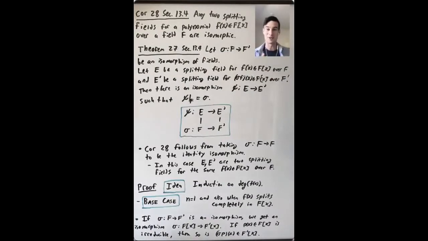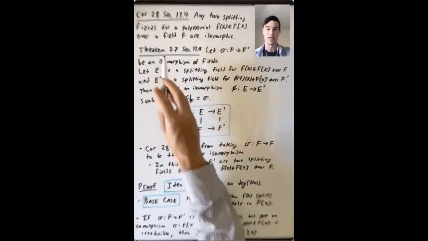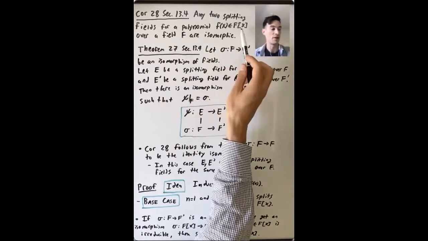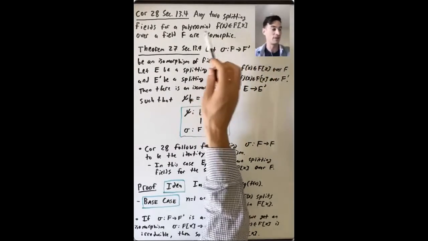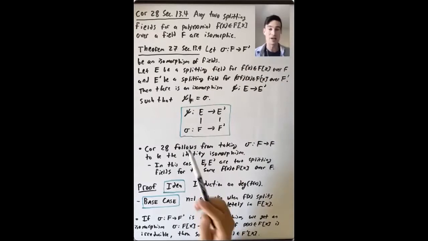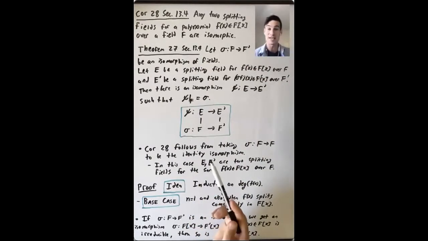Remember, the big thing that we're trying to prove is this corollary 28, that any two splitting fields for a polynomial f of x in F[x] over a field F are isomorphic. We're going to do it by proving theorem 27, which is a generalization of the result that we just reviewed.